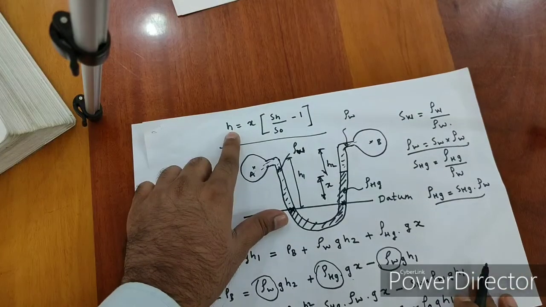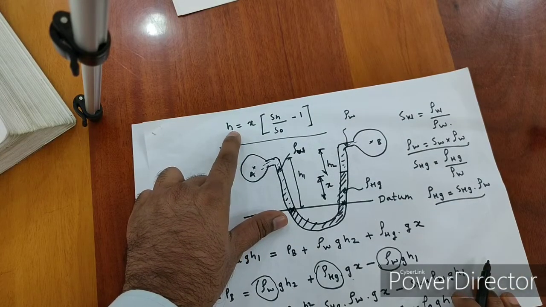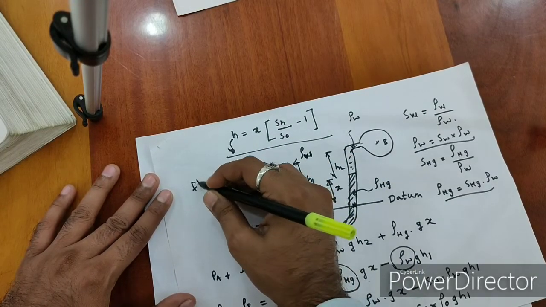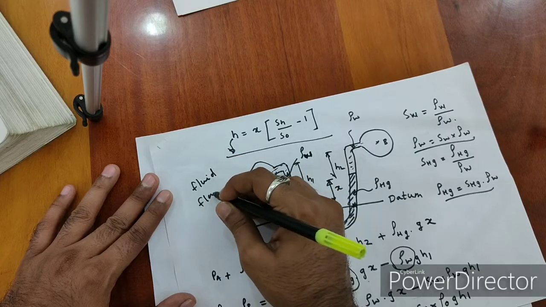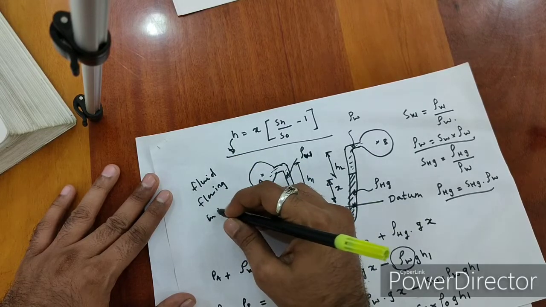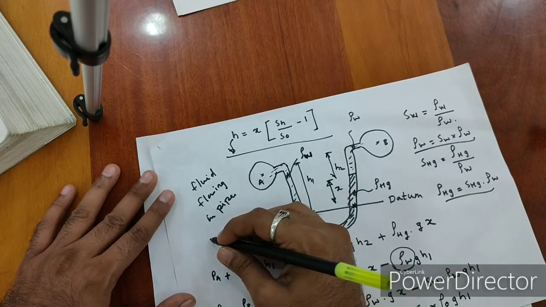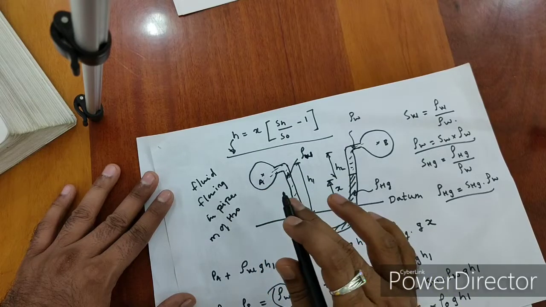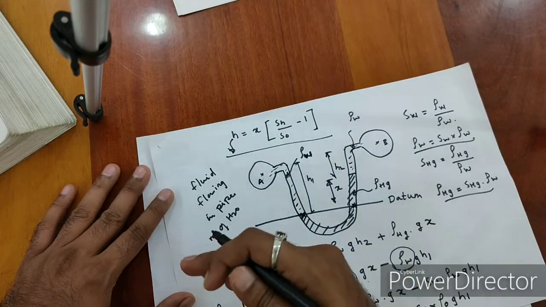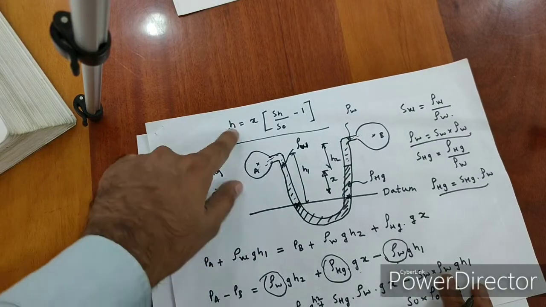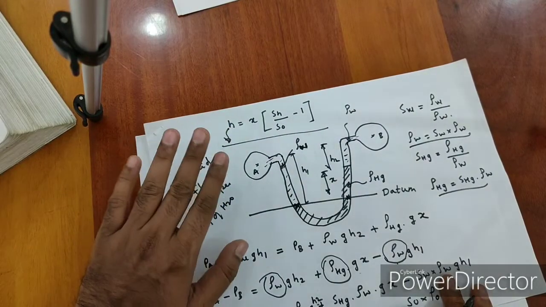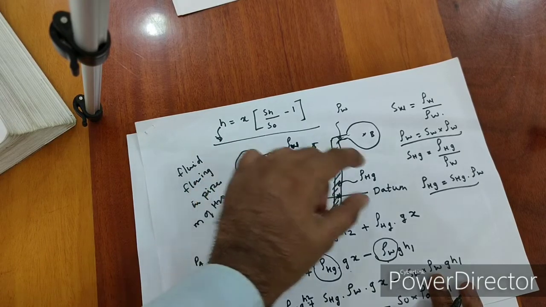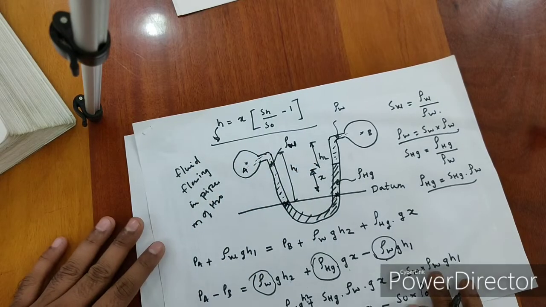This H is the head in terms of the fluid flowing in the pipe. Like meters of water if water is flowing in the pipe, or meters of oil if oil is flowing in the pipe. So it is the head of the liquid flowing in the pipe, and this x is nothing but the head of the heavy liquid.